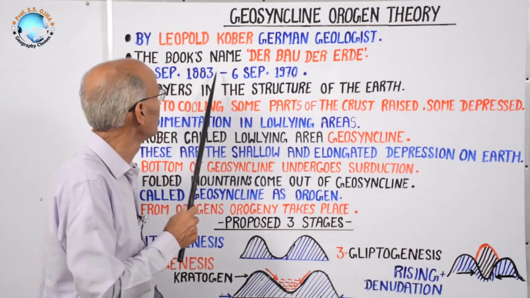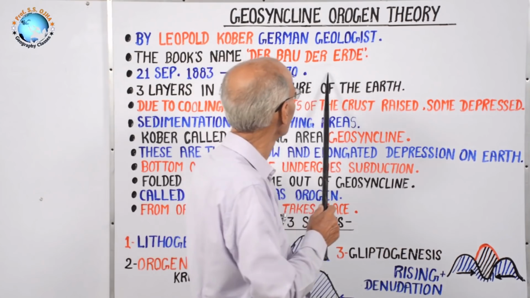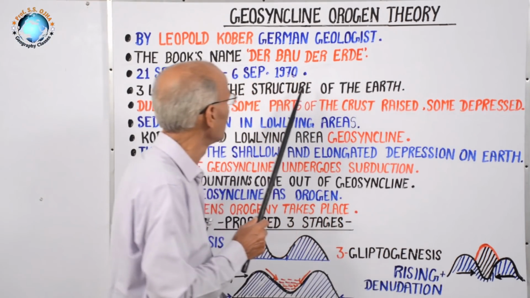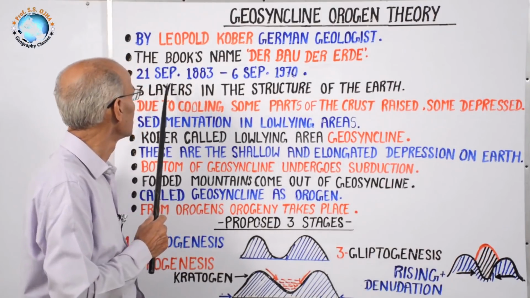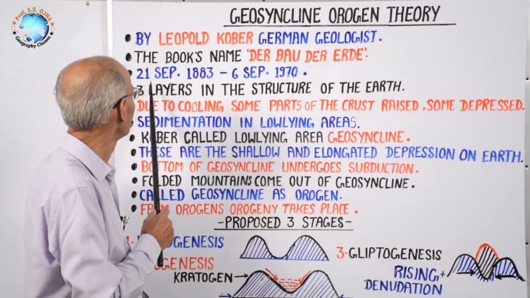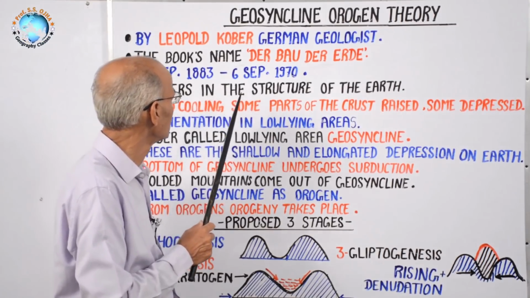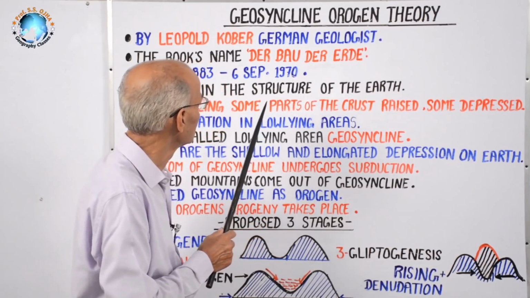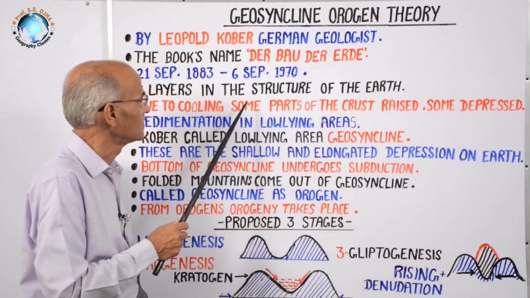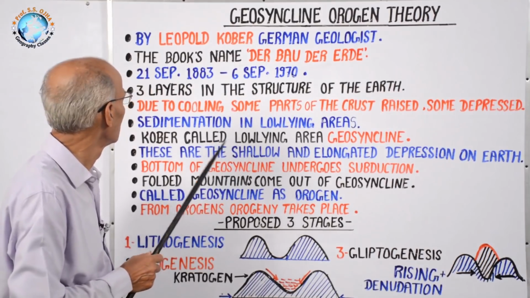He wrote a book, the name of the book was Der Bau der Erde, in the German language. His time span on this planet was from 21st September 1883 to 6 September 1970. It means in the middle of the 20th century he propounded this idea.